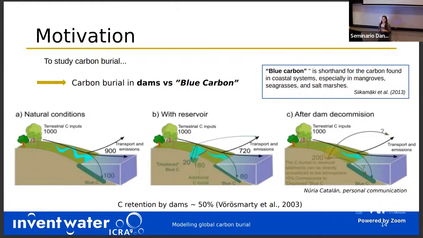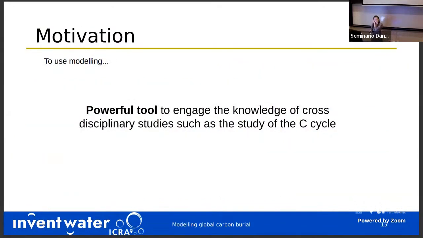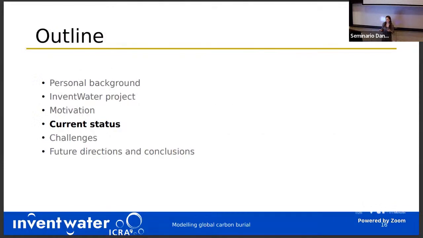So we want to analyze how much the retention of the dams actually affects the later carbon burial, because also in reservoirs there is a sequestration of this carbon, but there are other processes there which might make the carbon less stable, or maybe more, we don't know. So why use a modeling tool? Because it's a powerful tool to engage the knowledge of cross-disciplinary studies, such as the study of carbon cycle dynamics.